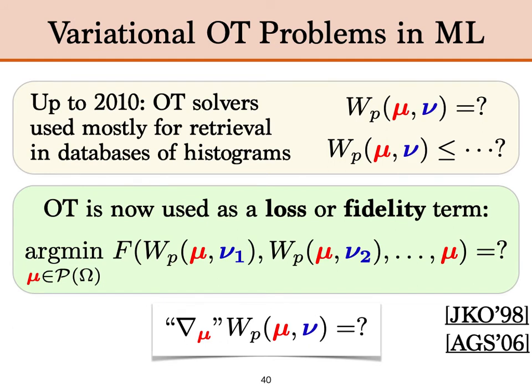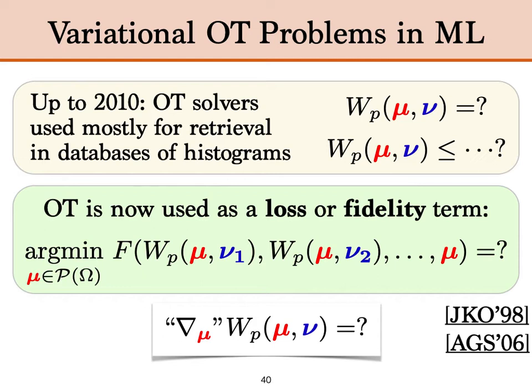And to close this math introduction, let me just say that up to 2010, in the data science community, in the computer graphics community, a lot of the interest was in trying to compute the optimal transport distance between, whatever, point clouds, color histograms, etc. Or maybe to bound it in a quick way. Since around 2010, there's been an outpouring of problems that are far more challenging and more interesting, which directly try to handle optimal transport as something that you want to minimize or play with.